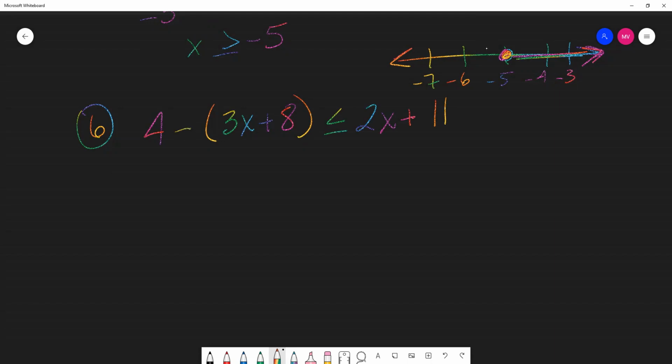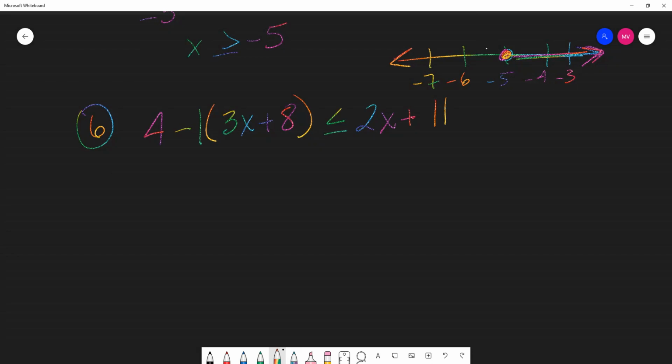So what's being multiplied times 3x plus 8? We're subtracting it. What is understood outside those parentheses? Yeah, just a negative. So pretty much all you do is switch the sign of whatever's in the parentheses. If that was 3x minus 8, then that would become -3x plus 8, because you just flip whatever's in there.